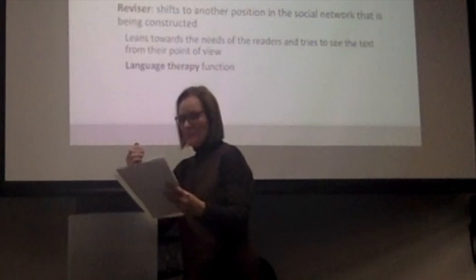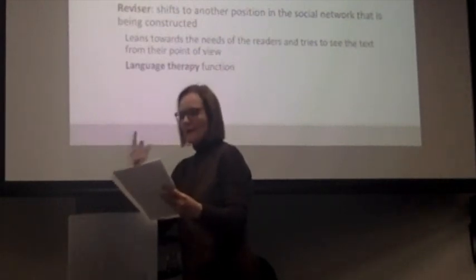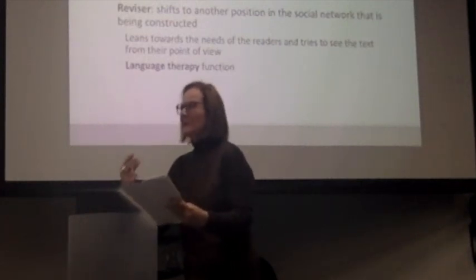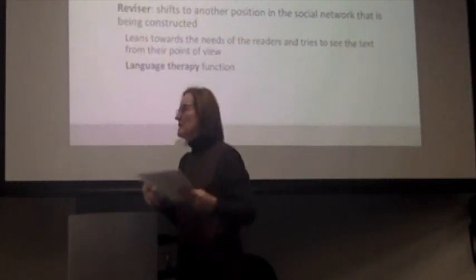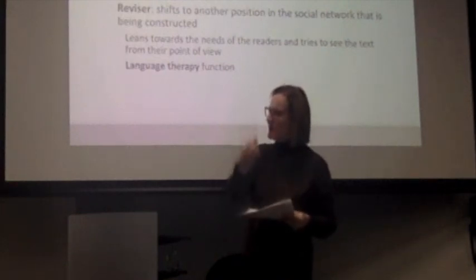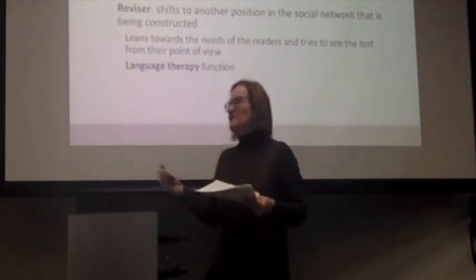The gatekeeper looks at accuracy, at grammar, at idiomaticity, et cetera. So it's very strange to assign these two different functions to specific agents. The translator is the gatekeeper, the reviser, the language therapist.